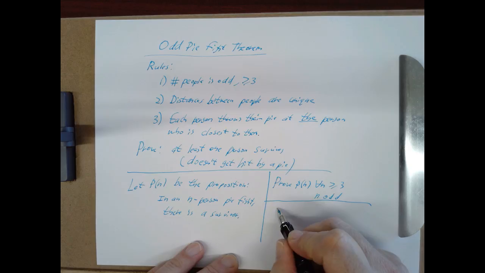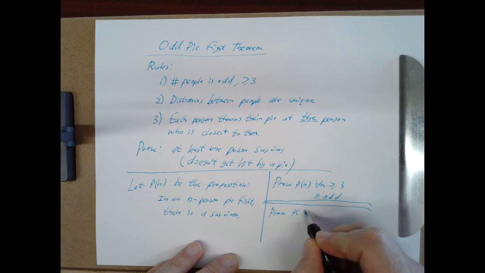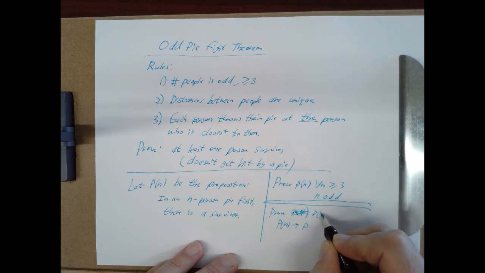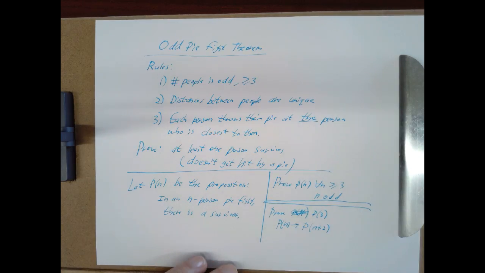We're going to prove P of 3, and then we're going to prove P of n implies P of n plus 2. And that's going to give us P of 5, P of 7, P of 9, and P of any odd number bigger than or equal to 3.